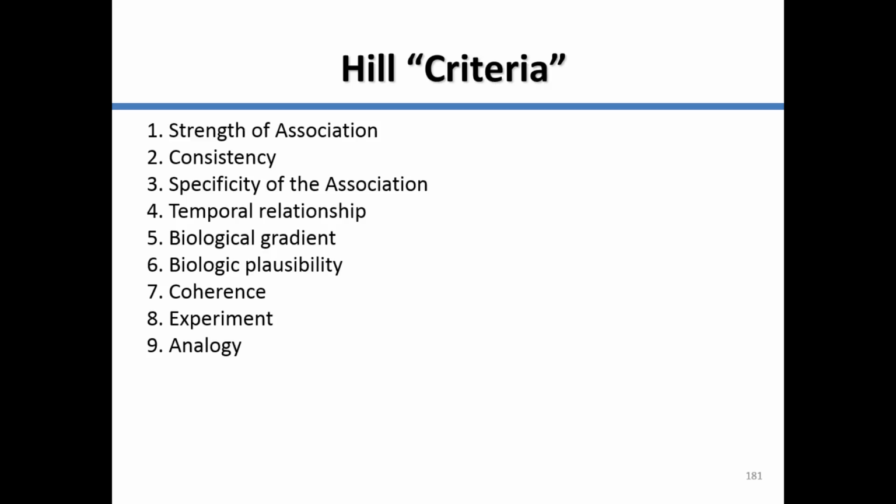Experiments do go wrong, they do give wrong answers, but they do have an element in them, like we talked about earlier, of being able to assign exposure and randomize. Analogy is a very weak one, but thalidomide caused birth defects.